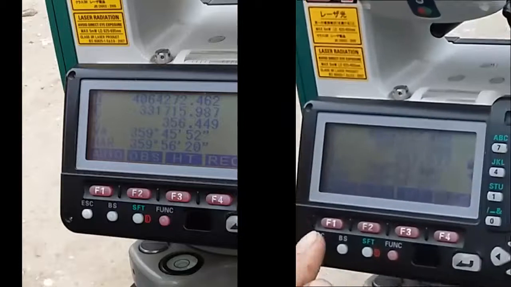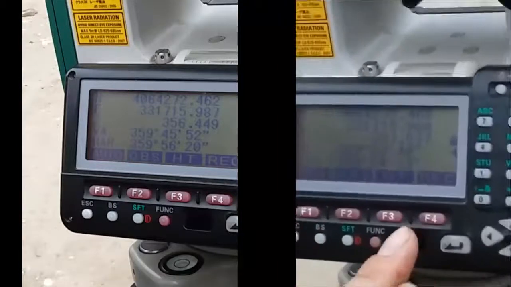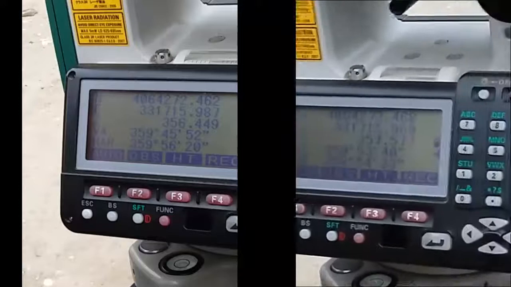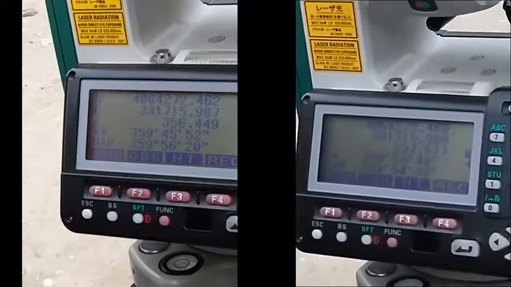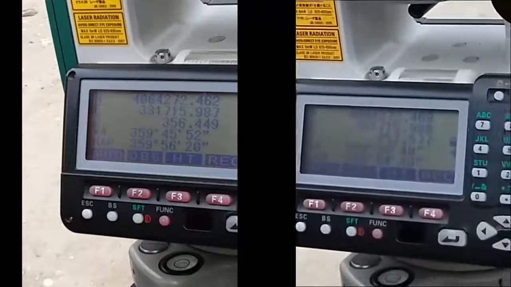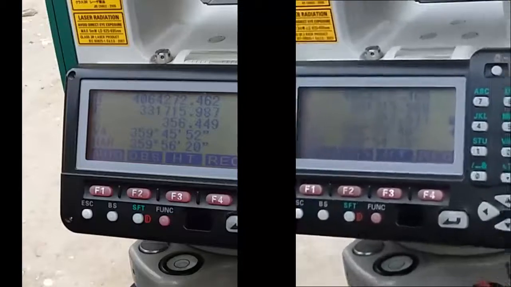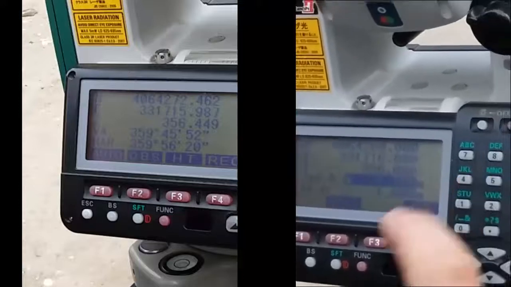The height of target is the height of the prism rod you are having, so you have to measure that with a tape, and after that you have to enter it in the height of target. Okay, here we have already measured. It is 1.5.